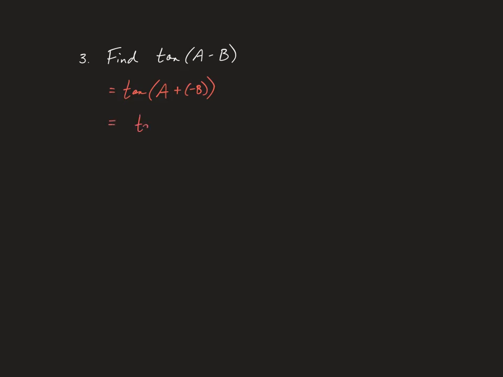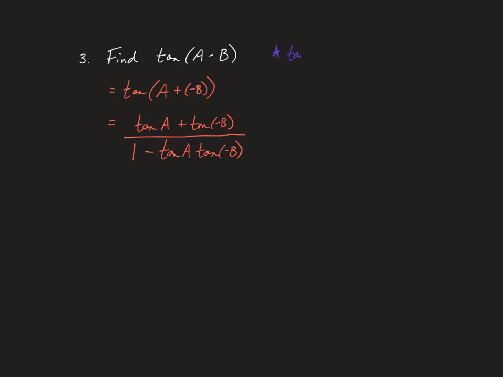That's going to give me tan of A plus tan of negative B all over 1 minus tan of A times tan of negative B. And just like previously, the original statement did not have negative angles in it, so now I need to remove my negative angles. So I'm going to apply my tan negative angle identity.